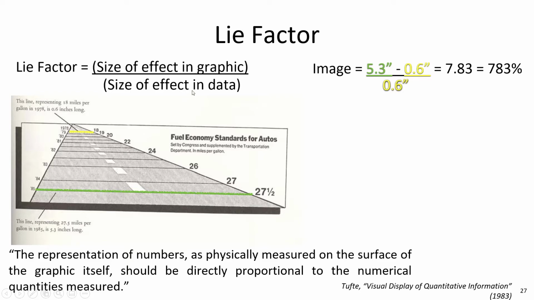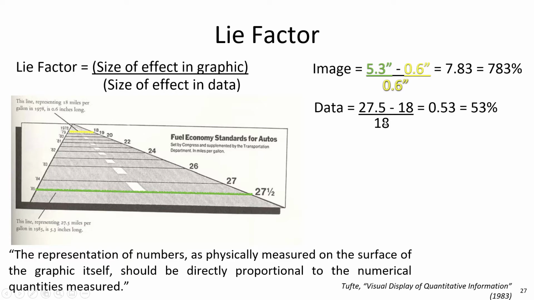The effect on the data itself is, well, let me see here. The line representing 27.5 miles per gallon versus 5.3. Okay, so 27.5 minus 5.3 divided by 5.3, minus 18. Where's 18 coming from? Oh, 18 inches long.